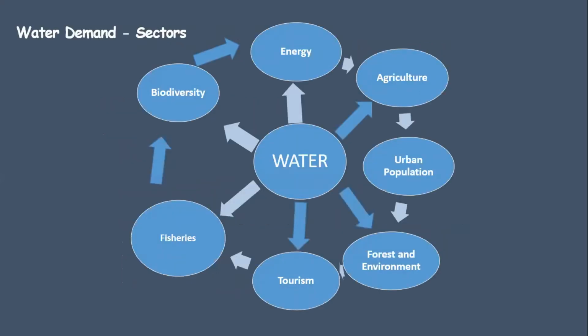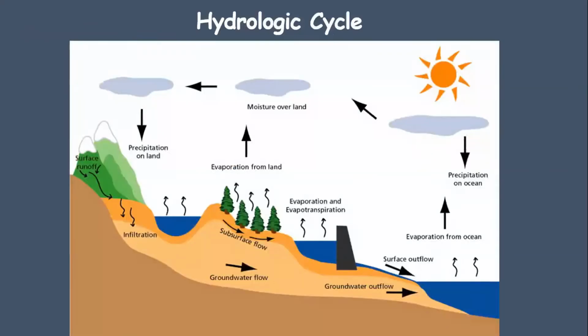As technology is advancing and the population is increasing, the water demand overall in the world has been increasing. We need water for energy, for agriculture, for urban population, for forest environment, for tourism, for fisheries, for biodiversity. So the sectors that are using water are increasing day by day.